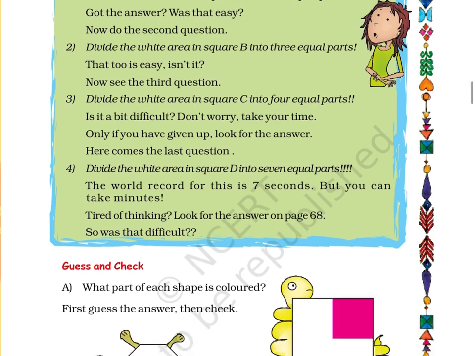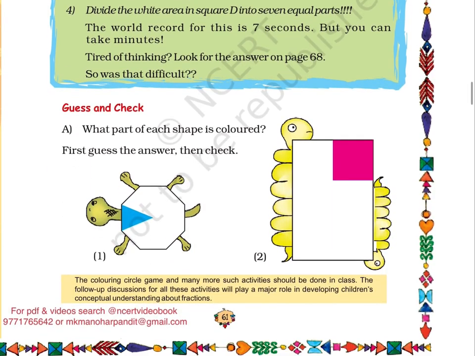A. What part of each shape is colored? First, guess the answer, then check. Below this, we have two different pictures with two different shapes. The first one is a white octagon which has a blue triangle drawn on it.